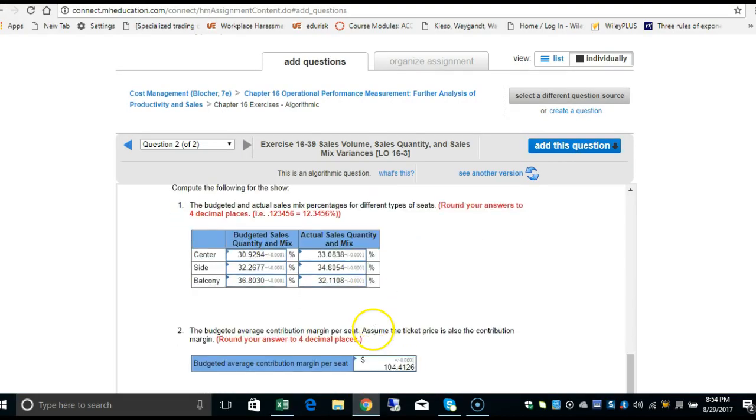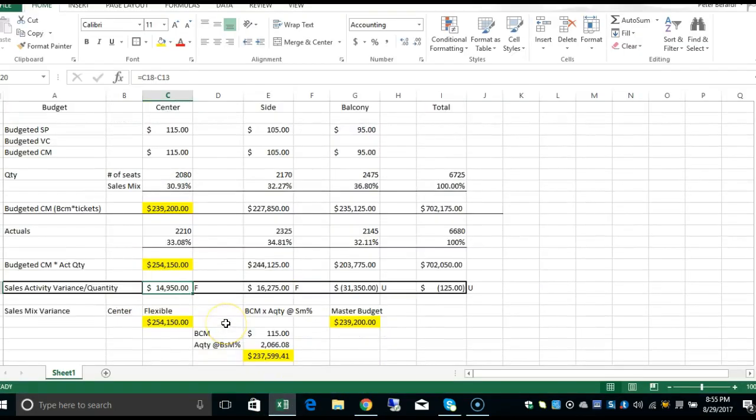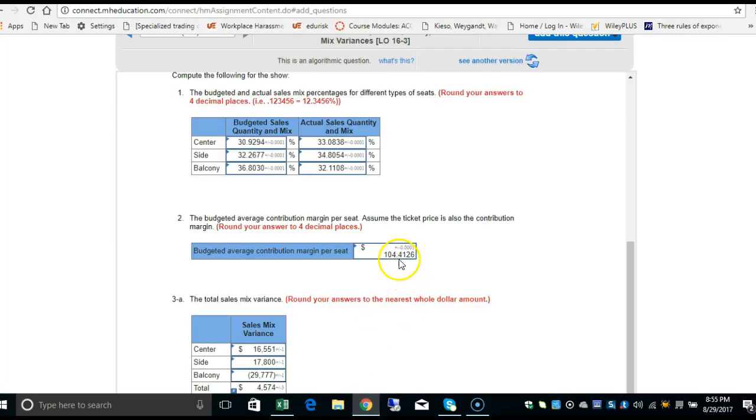So looking at our problem, the budgeted average contribution margin per seat, number 2, to derive that number is basically take the average budgeted contribution margin. So if you just simply take the 702 and divide it by 6725, you should get your answer.